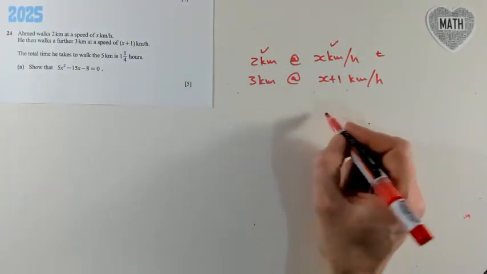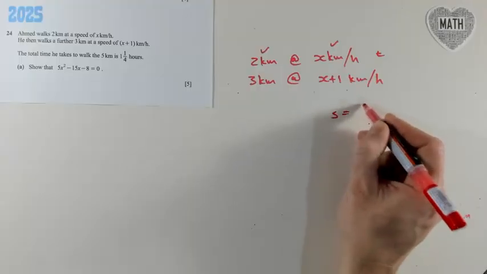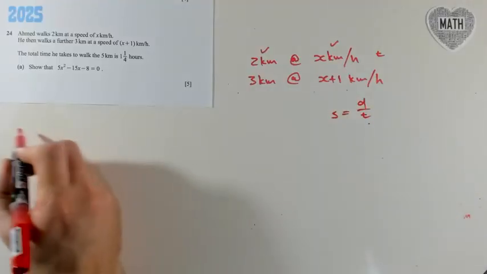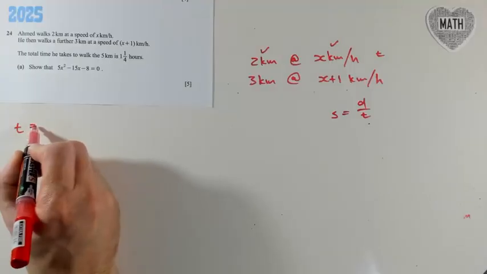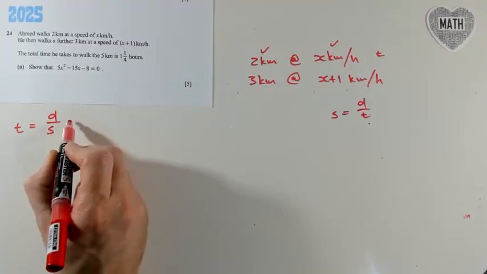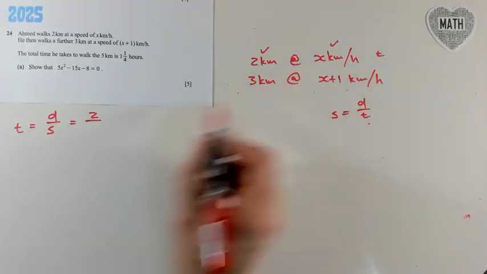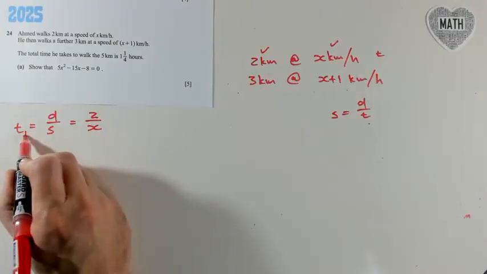Speed is distance over time, so if I want a time, it's going to be distance over the speed, and in this case the distance was 2 and the speed was X. So this is time 1.